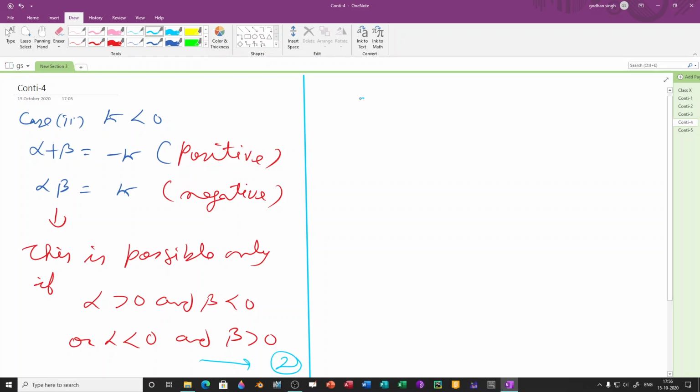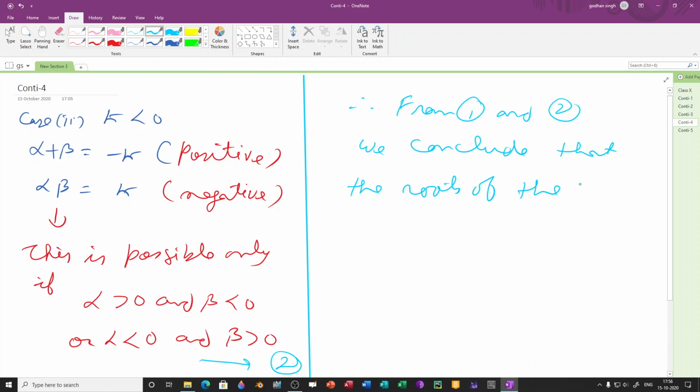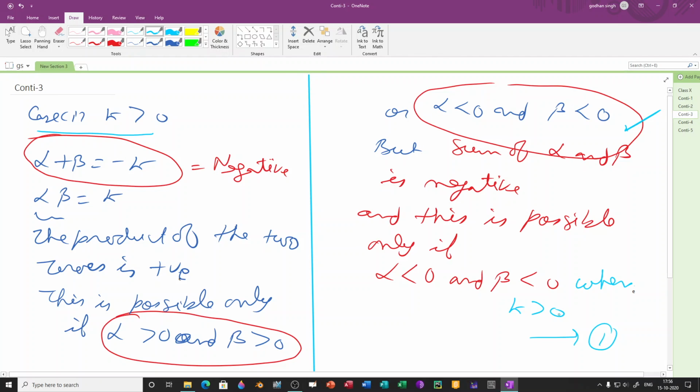So therefore from 1 and 2, we conclude that the roots of the quadratic polynomial, when k is not equal to 0, here we see that one of the roots is negative, and if we move to the earlier result, we see that both the roots are negative.